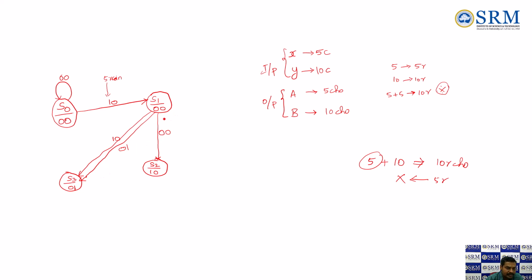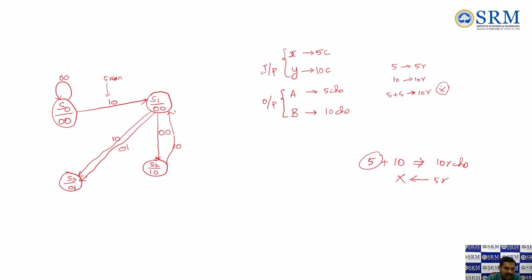Next, at this stage the machine has dispensed a 5 rupee chocolate here. At this stage, if I'm inserting one 5 rupee coin again, then it moves to the previous state, that is the S1 state.